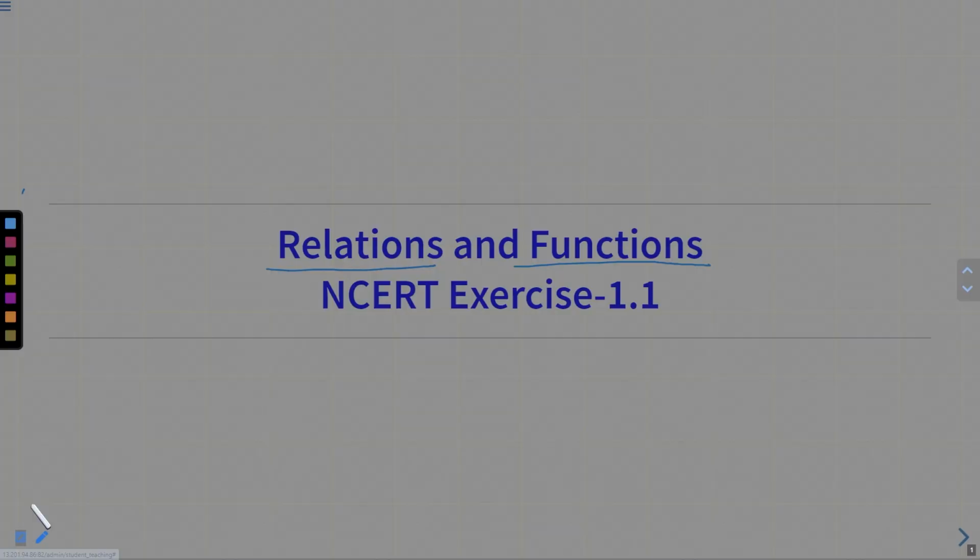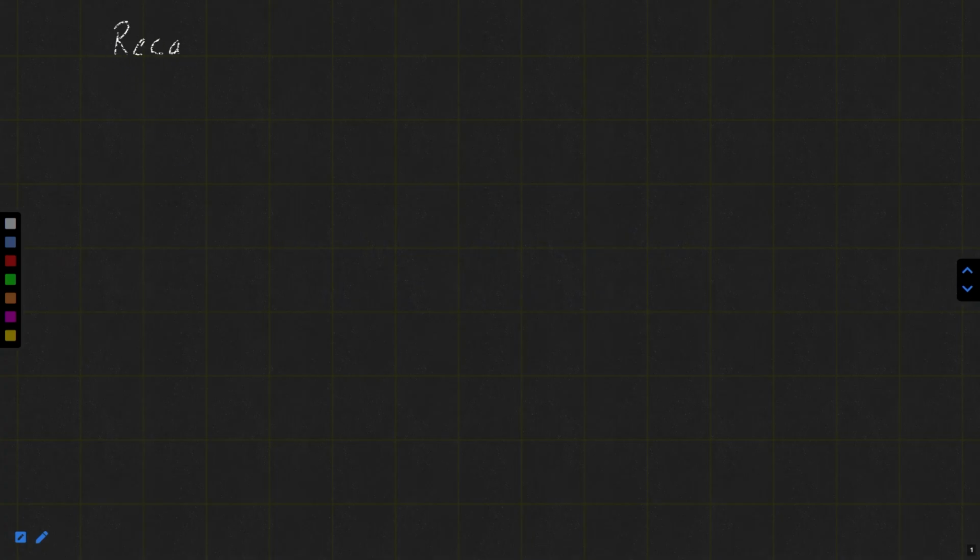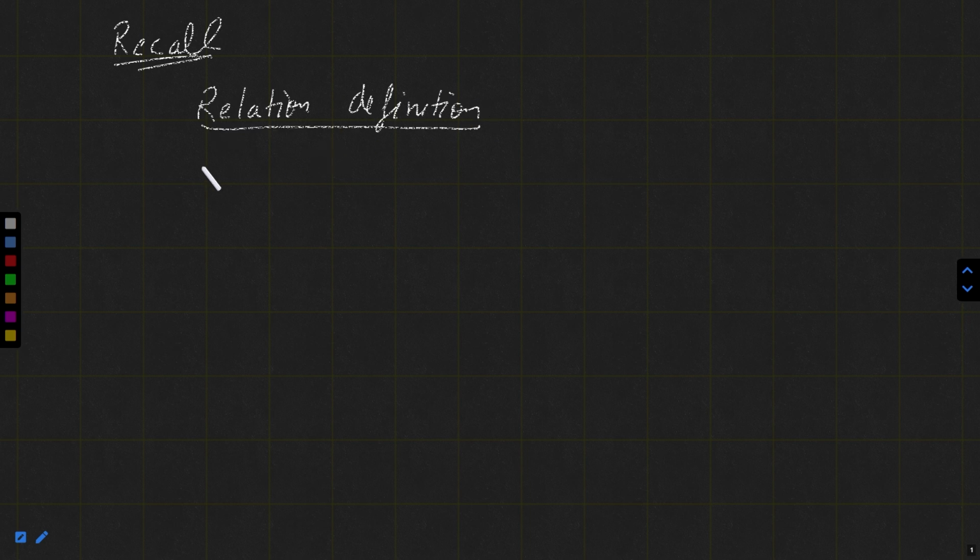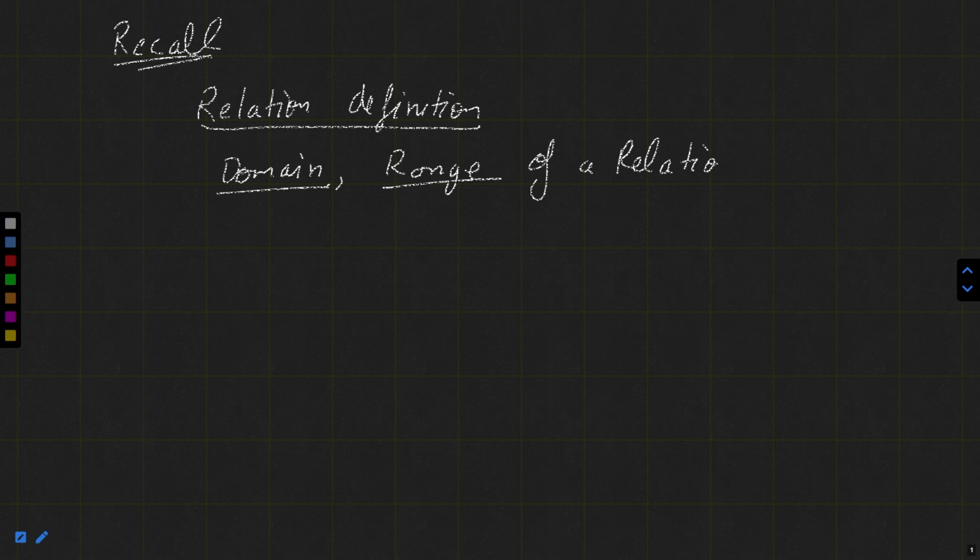As we discussed in the theory class, we saw the relation definition. Then we saw the domain and range definitions. What do we mean by the domain, and what do we mean by the range of a given relation?